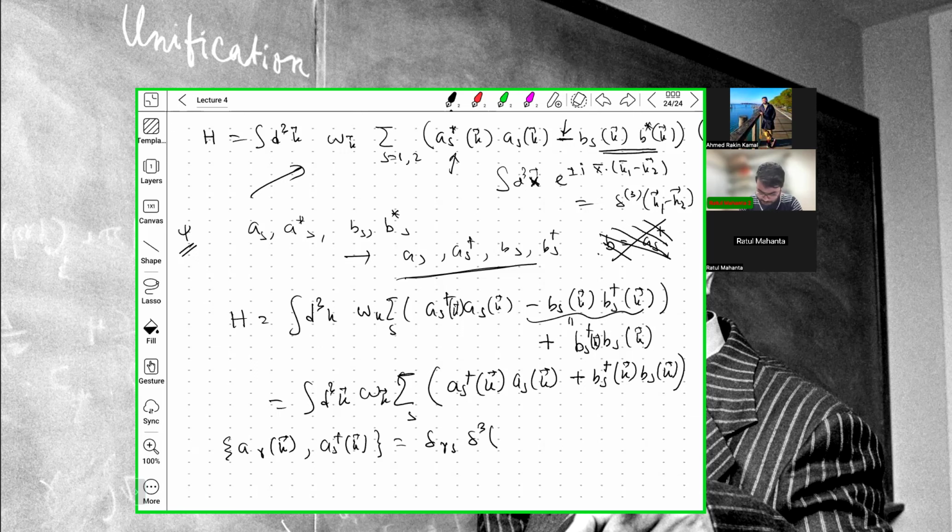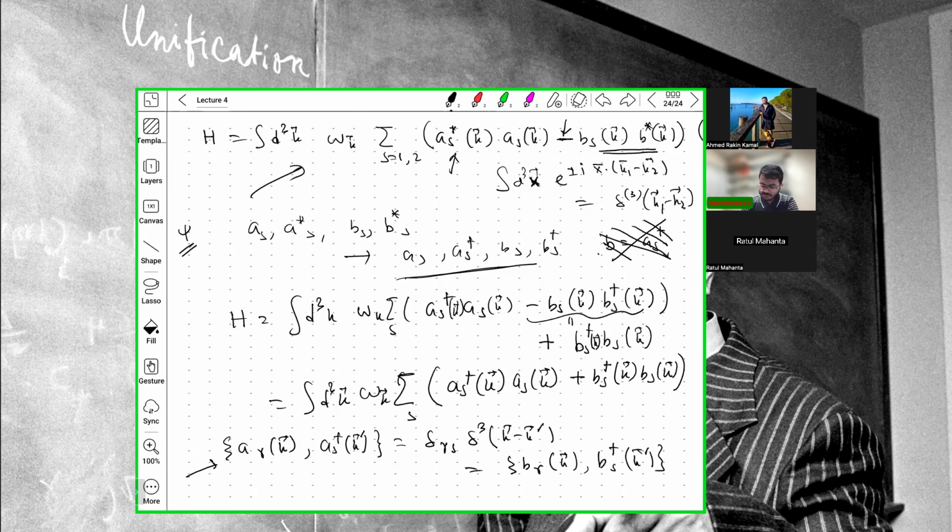The spin should be the same. And {b_r(k), b_s†(k')} = δ_rs δ(k−k'). So this is the anti-commutation relation, I should say. And all others vanish: aa, bb, ab, ab†. Between a and b everything vanishes, and even between aa and bb the anti-commutators vanish. aa† and bb† are the non-vanishing ones.